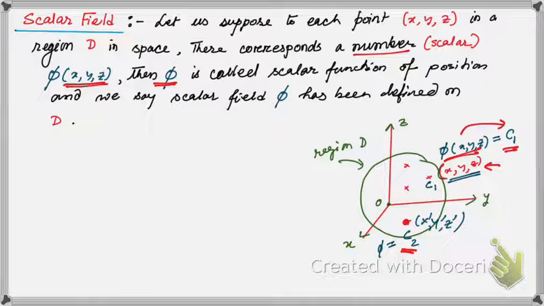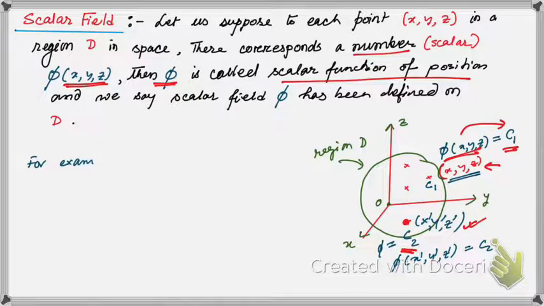If you put these values in the function, it gives c2, which is associated with this coordinate. So phi is said to be a scalar function of position, and we can say a scalar field phi has been defined on this region D.